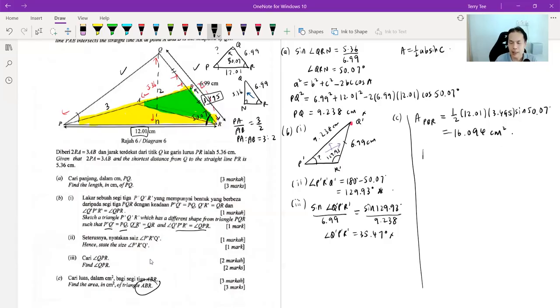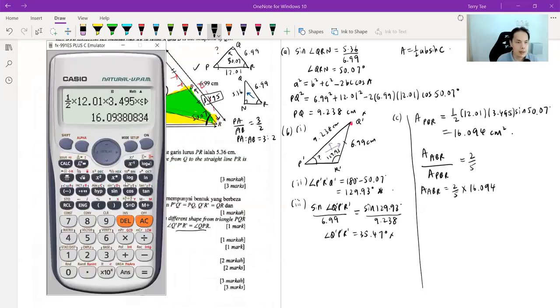ABR. Okay, my area of triangle ABR, like I say, if you take the ratio with triangle PBR, ABR is shorter. The length here is 2. PBR is longer. The overall length is 5. So it's 2/5. So basically, ABR is just 2/5 of PBR, which is 16.094.